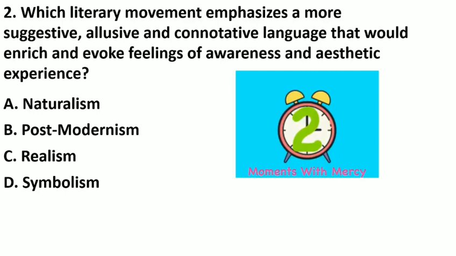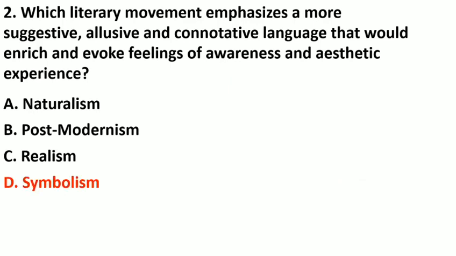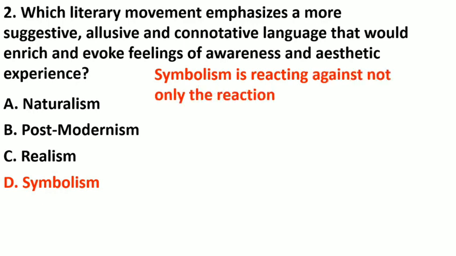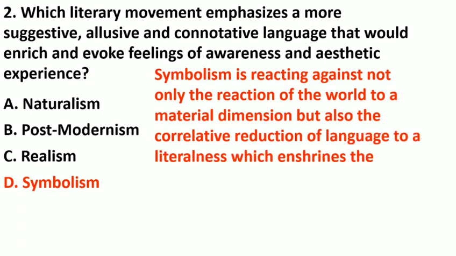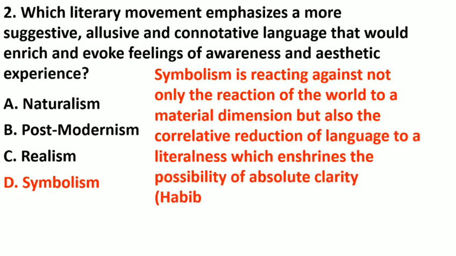The correct answer here is option D. Symbolism. Symbolism is reacting against not only the reaction of the world to a material dimension, but also the correlative reduction of language to a literalness which enshrines the possibility of absolute clarity.